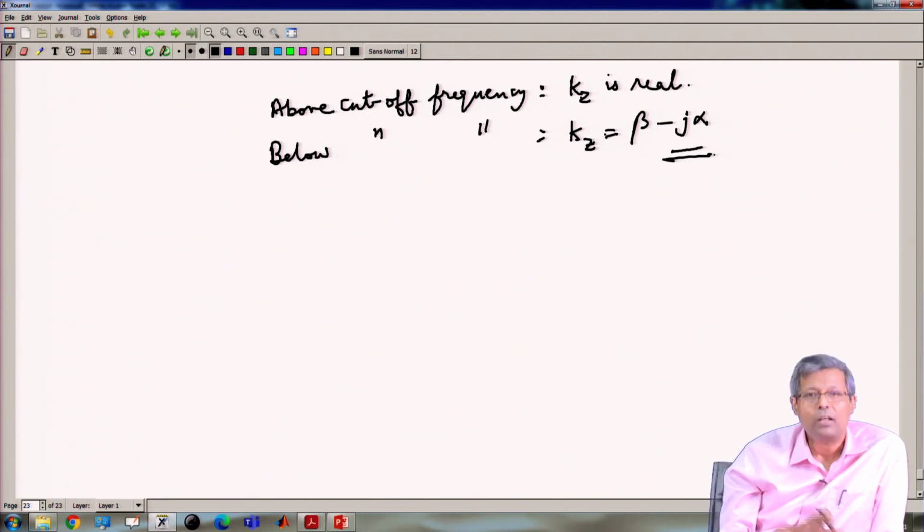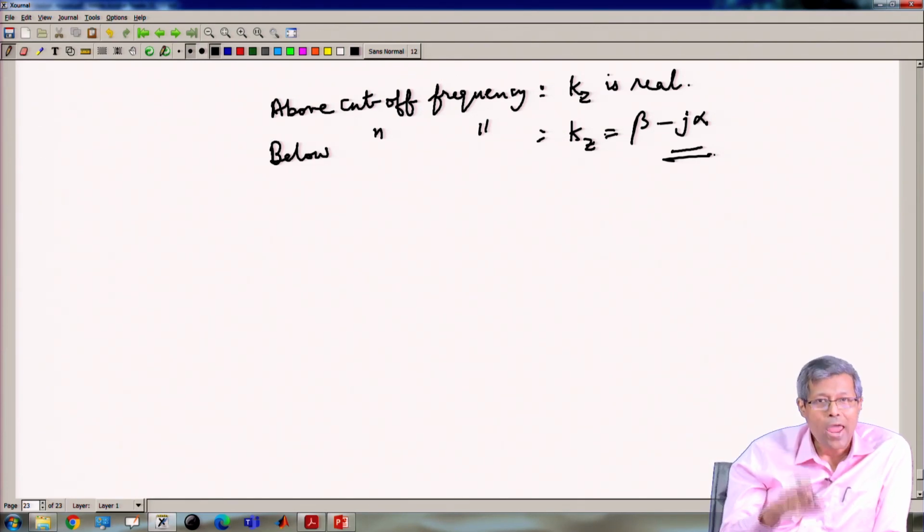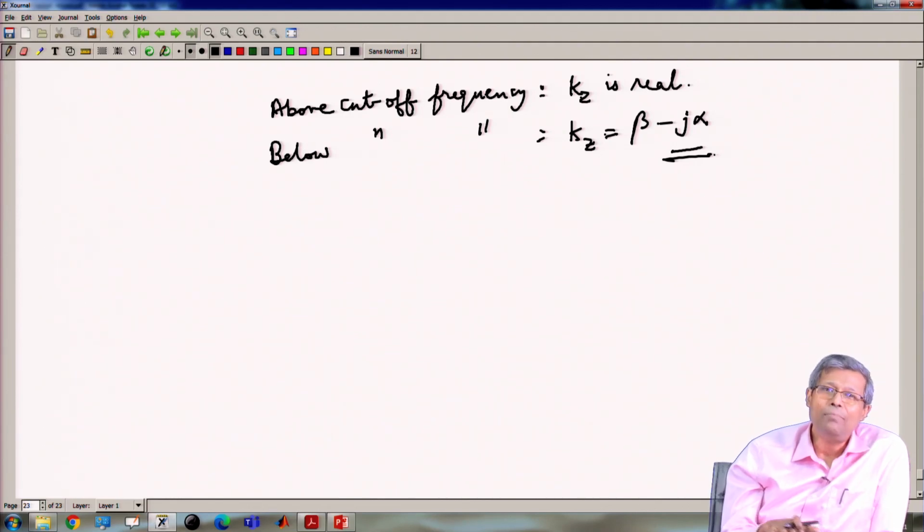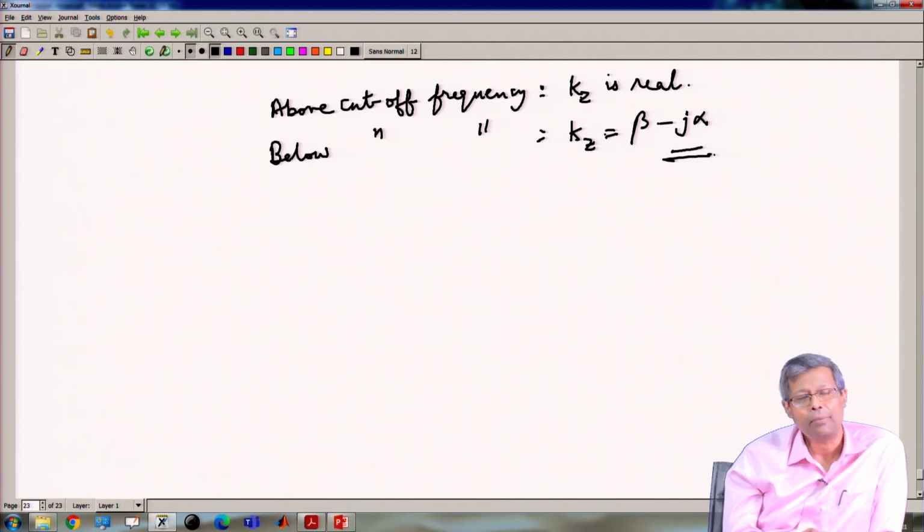This in fact marks the below cutoff region of the dielectric slab, where the dielectric slab can be used as an antenna. It is very important to understand, therefore, that a lossless dielectric slab can have an imaginary propagation constant.